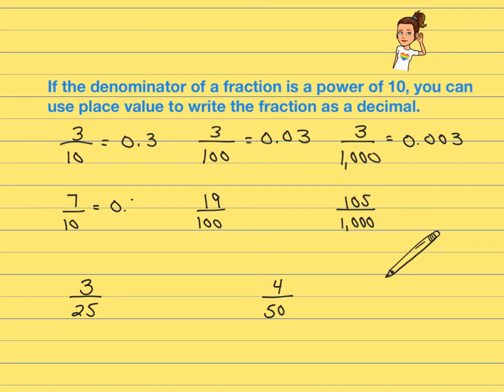We're going to place that 7 in the tenths place value. And 19/100, it has to sound the same when we read it. So we're going to put the 9 in the hundredths place and read it 19/100.